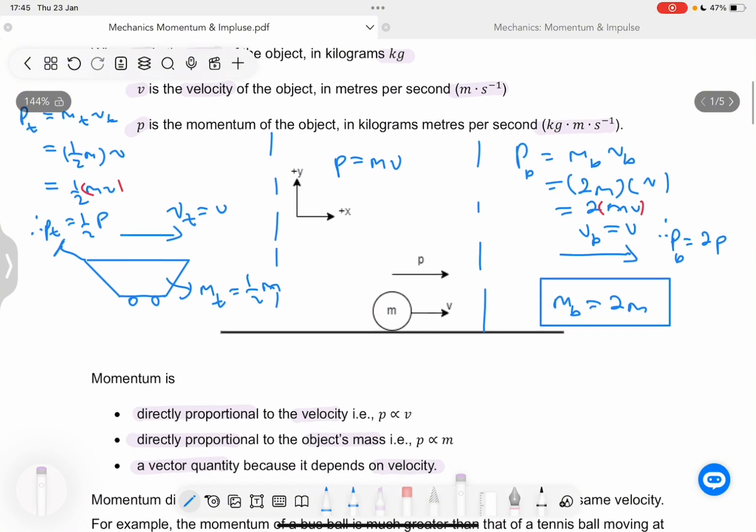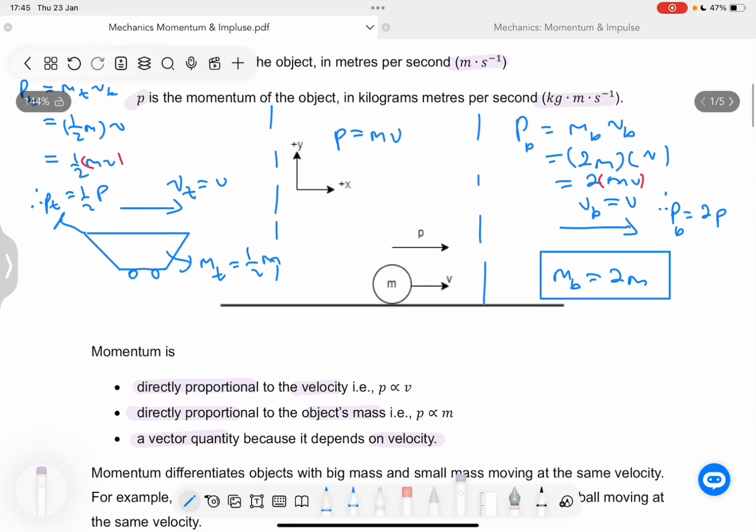And because momentum and velocity are directly proportional, they'll go in the same direction. That's why when you look at these scenarios, the velocity goes in this direction and the momentum also goes in that direction. They point in the same direction. So when you give your answer for momentum, always report the direction as well.